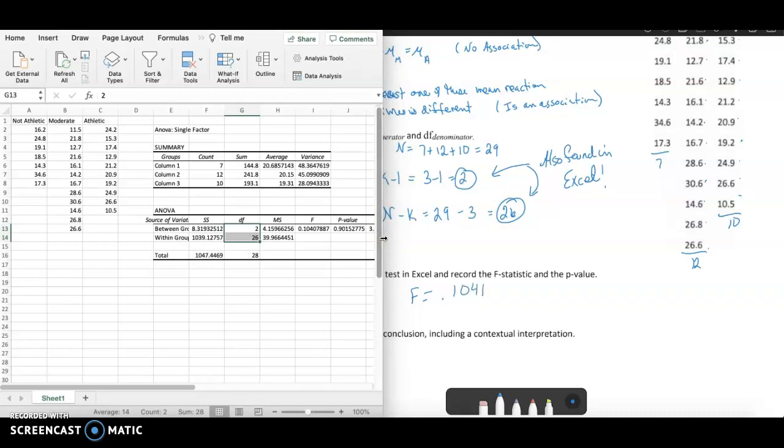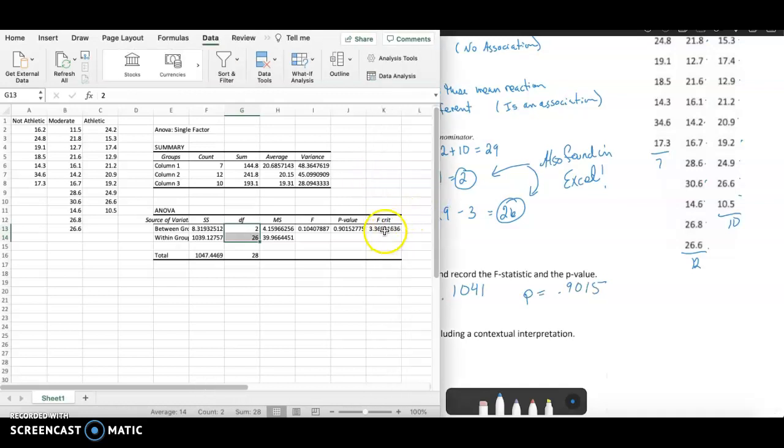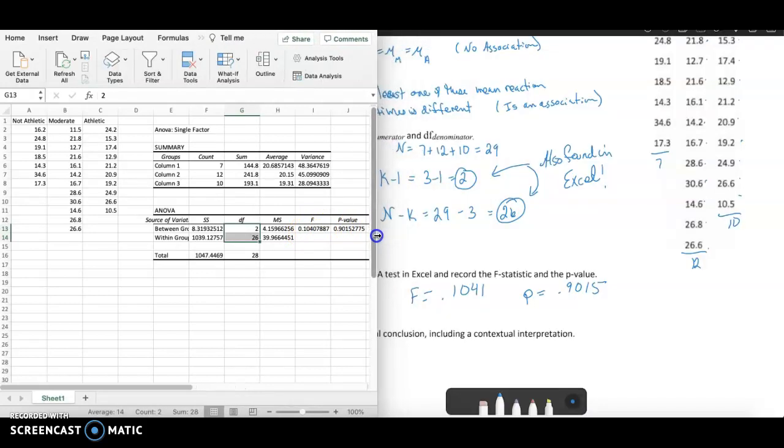I'm going to round that to 4 decimal places. And the p-value is equal to 0.9015. So do be careful there. This F critical is if you were going to do the critical region, rejection region method. You would mark this value and then look to see whether your F fell into it or not. But we're just going to do the p-value because that's pretty well used.